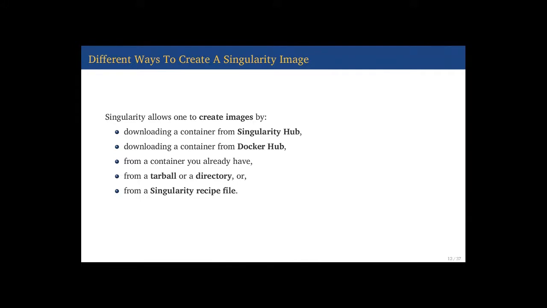It is very similar to Docker in that sense. So you can download a container from Singularity Hub with a URL from Singularity Hub. You can download a container from Docker Hub. If you already have a container, awesome. If you have a tarball, uncompressed or gzipped, that'll work. If you have a directory that has a file system set up in it, that'll work as well, or a Singularity recipe file. So quite flexible.